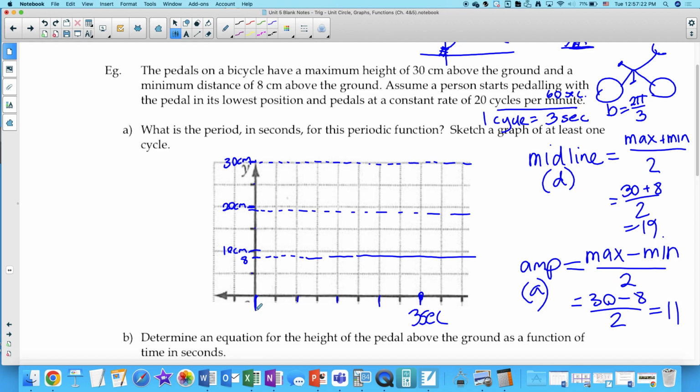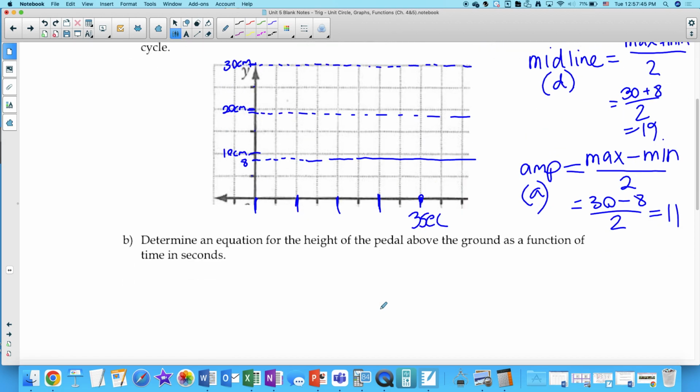Now, where does the person start pedaling? When in application questions, you always want to divide the period. Like when you're about to graph the period, you always want it to be by 8, in every case. So if I have 8 squares to work with, I always work with multiples of 4, right?